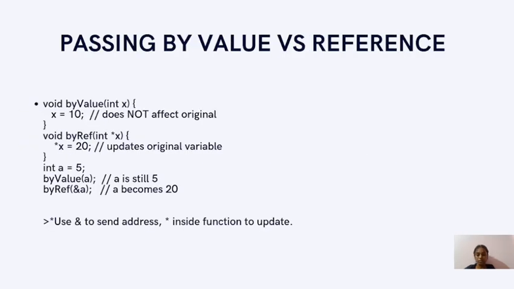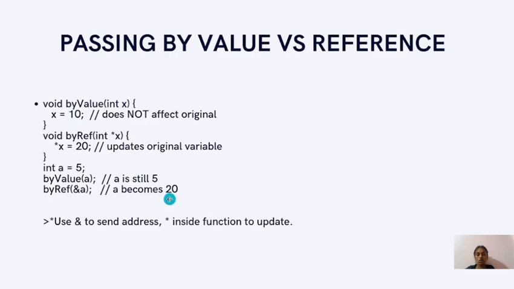Let's see an example. If we write void byValue(int x), where x is declared as x = 10, the change to x inside the function does not affect the original value. But if we write void byReference(int *x) with *x = 20, it updates the original value.